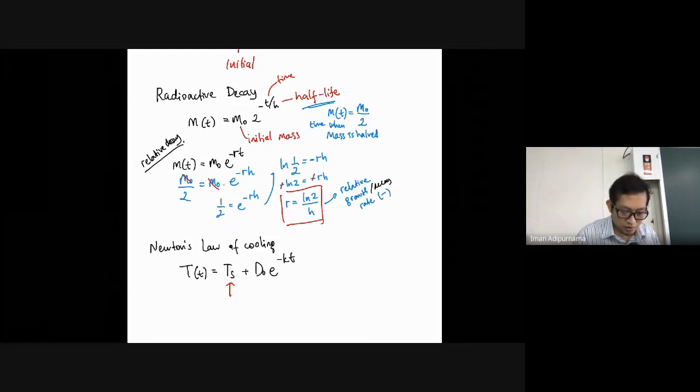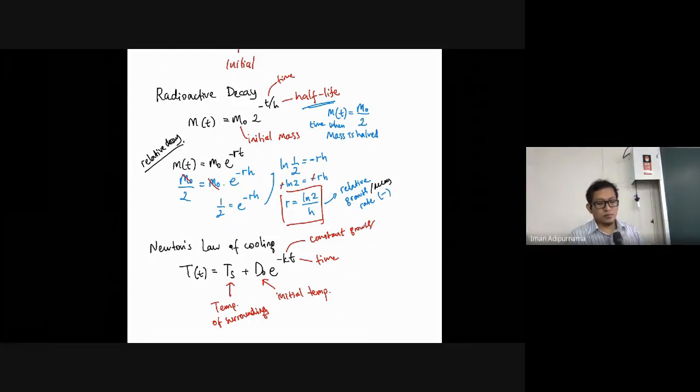So the temperature will be equal to the temperature of the surroundings, and this is the initial temperature, the d. This is just a constant. You can say that also growth. Fine. This is time, constant growth. Notice that this also has a negative because it's cooling, so the temperature should be lower.